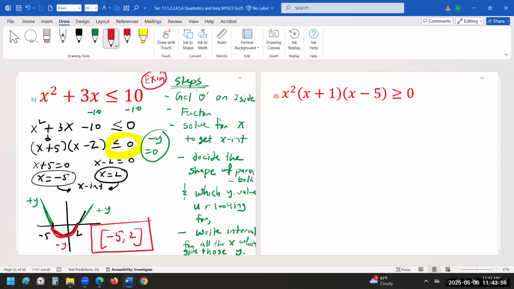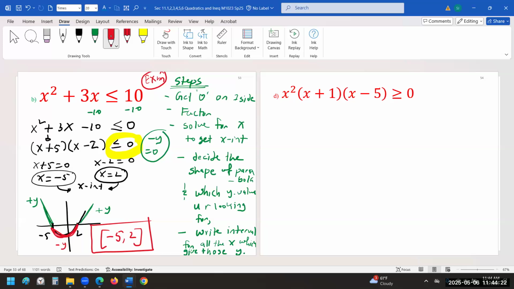So that's why we cannot draw a parabola. We are going to learn a second method of finding solution. In this second method, we are going to find all the x-intercepts, place them in the number line just as we did here. And since we don't know the shape, we are going to pick an x value from each interval and see which interval gives us the y we are looking for.